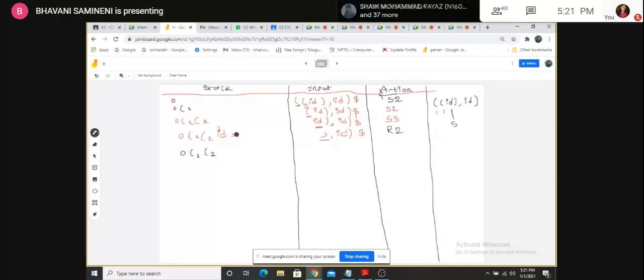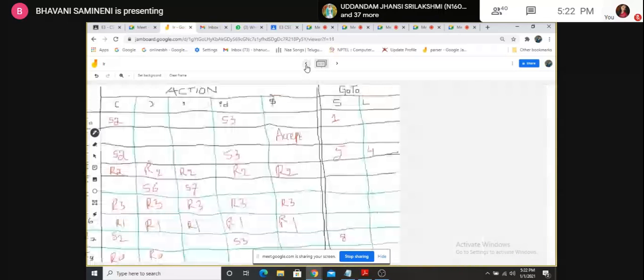What is the topmost symbol of the stack? ID. Now ID you can pop. In place of that ID, you can push the left hand side value. Yes, you have to push onto the stack. And here, what is the next step? How to define the next step? In this part, you have to depend on the goto slot.